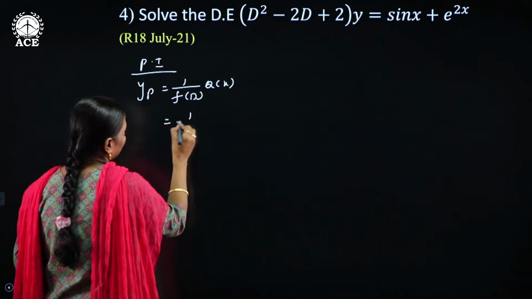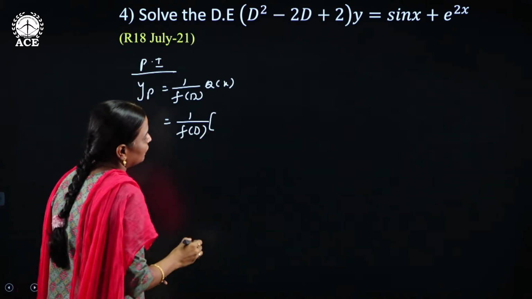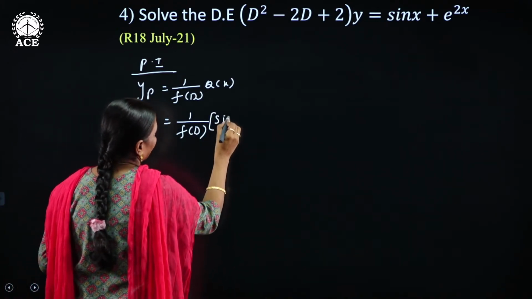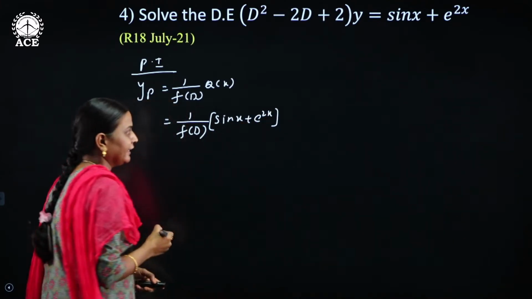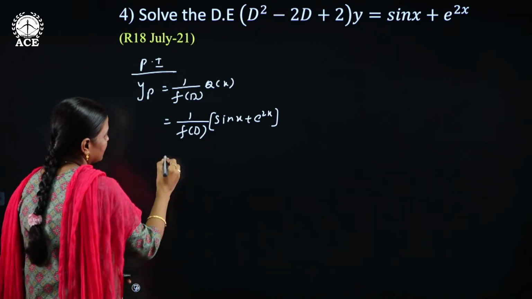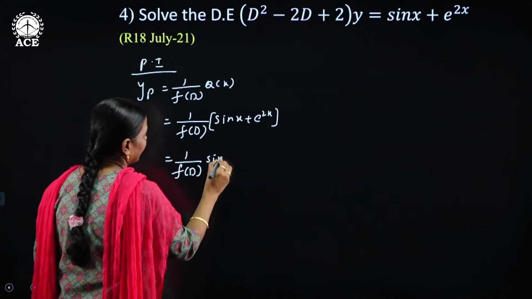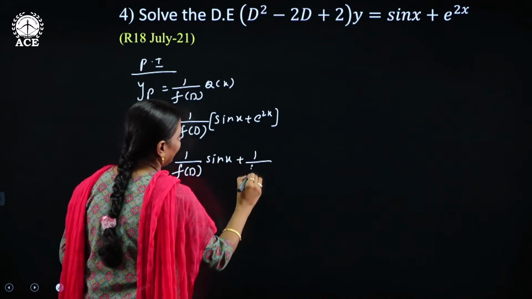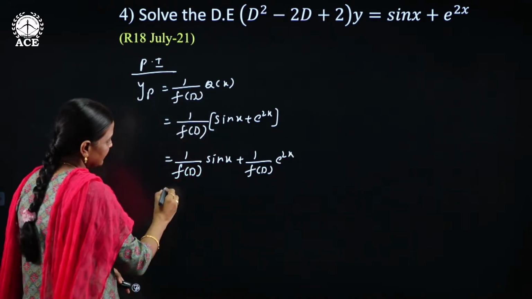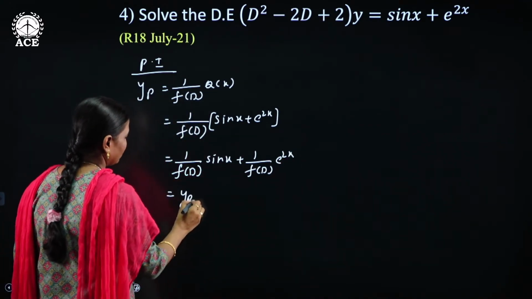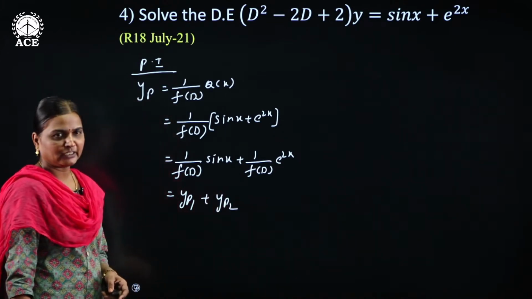So that is equal to 1 by f of D into, what is q of x? q of x is equal to sin x plus e power 2x. Split it: 1 by f of D into sin x plus 1 by f of D into e power 2x. Consider this one as the first part of the particular integral and the second one as the second part.